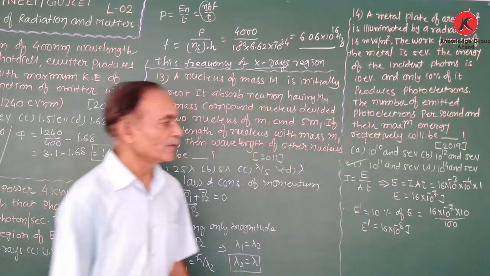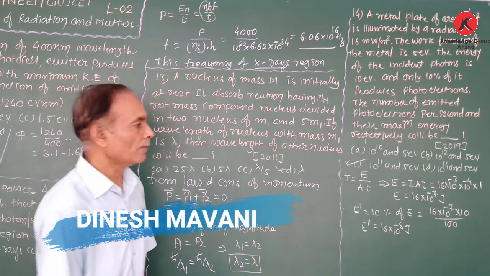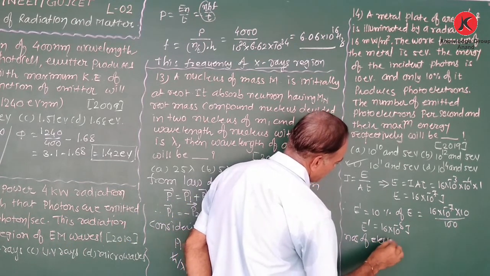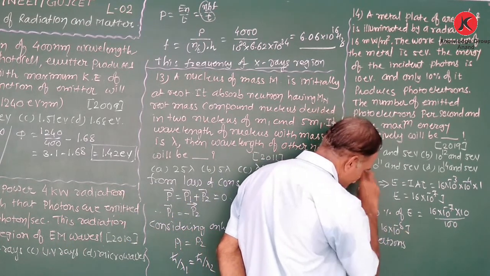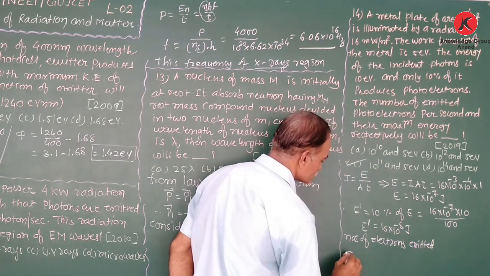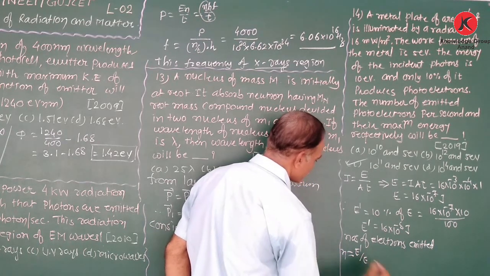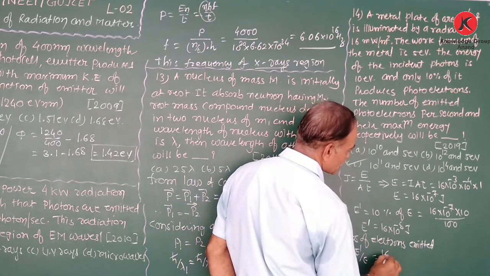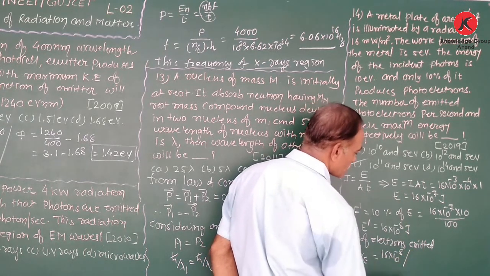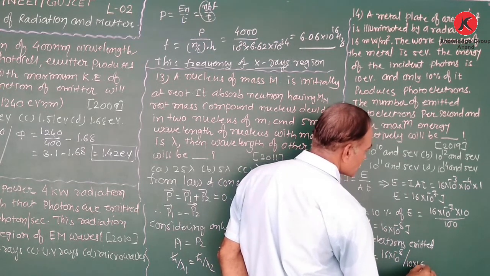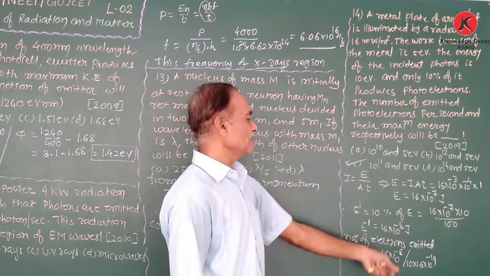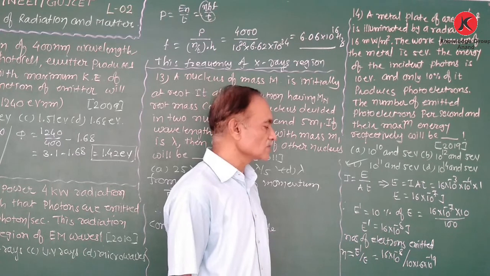So this energy can produce the photoelectrons. Therefore, the number of electrons emitted is N = E_ds upon E. Therefore, 16 × 10⁻⁸ upon 10 × 1.6 × 10⁻¹⁹. The photon energy is given in electron volt, so we convert it into joule because E_ds is also in joule.